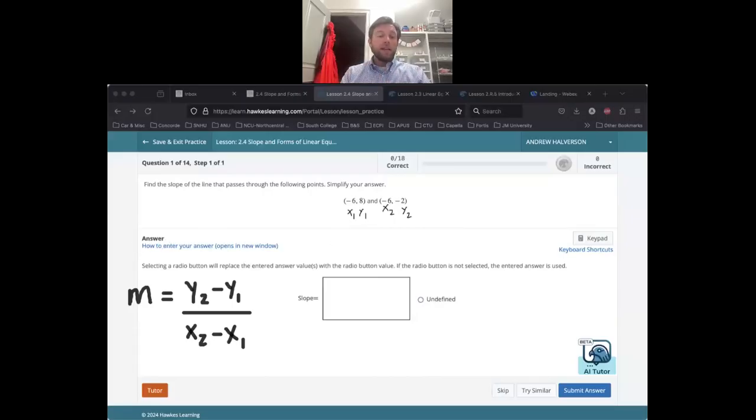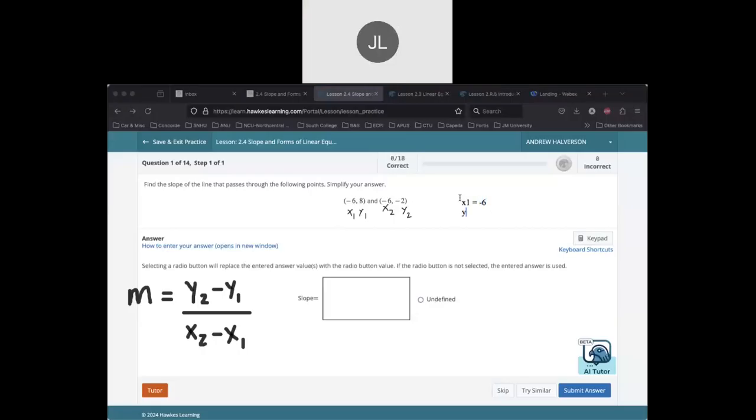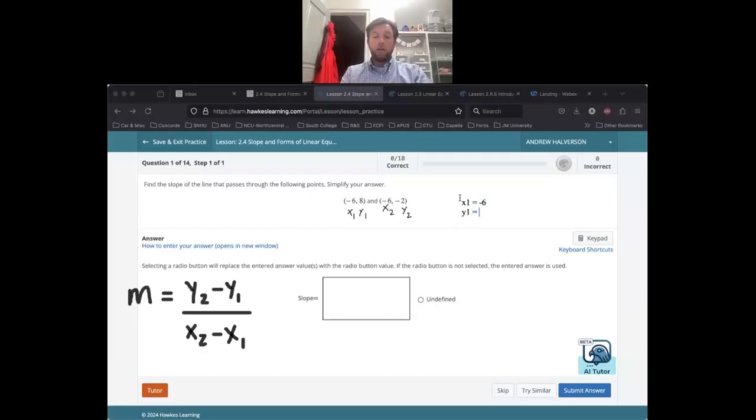So when we see this, what do we have? What does this mean, by the way? When we have this sort of setup, I'm going to write it out now. What's the value of x1 that I've set it up as? What do y'all see? If I label the ordered pairs x1, y1, x2, y2, that means x1 is -6. Yeah, -6. Good. What's the value of y1? 8.